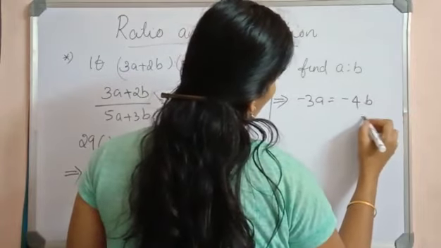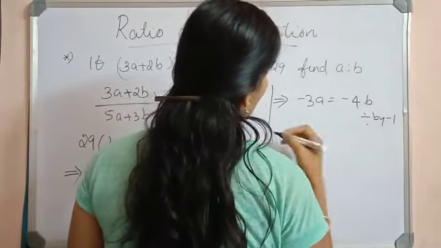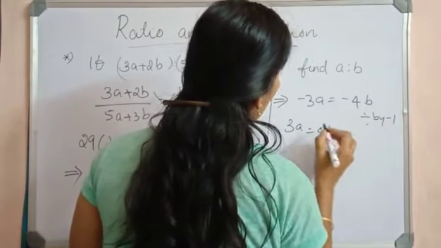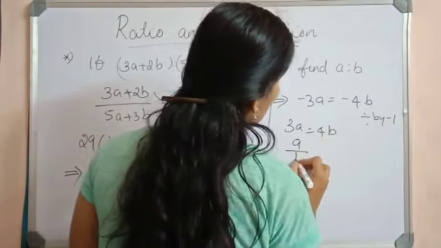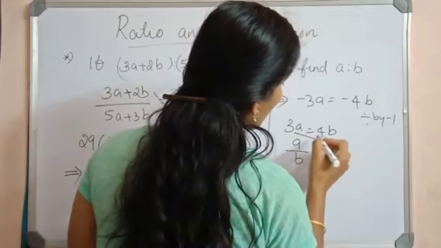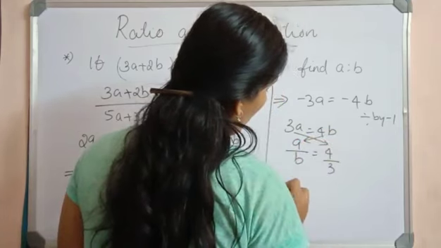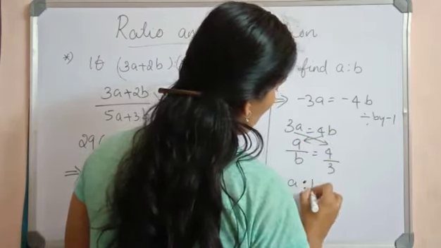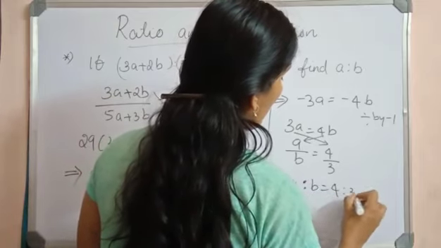Dividing by minus 1, we get 3a is equal to 4b, or a by b is equal to 4 by 3, bringing 3 to this side and b to the denominator. Therefore, a is to b is equal to 4 is to 3.